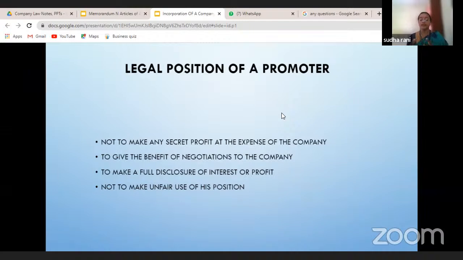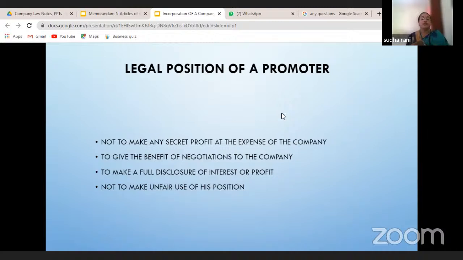The real owners, the people who are investing in the company, kept a lot of confidence, responsibility and trust in him. So he has to do his functions in a very responsible and trustworthy manner. He should not make any secret profit from the expenses of the company, and should give the benefit of negotiations to the company.